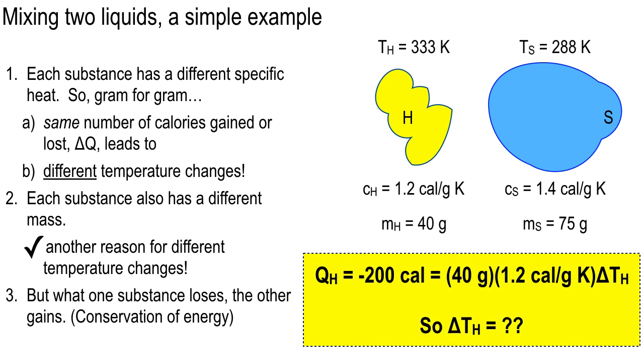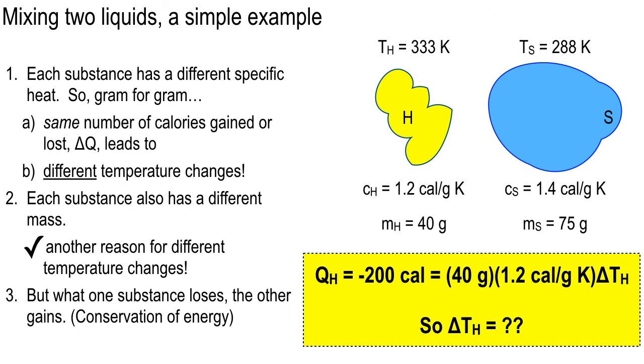So here's a calculation. Let's say that substance H loses 200 calories. Well, that's going to be 40 grams times 1.2 calories per gram Kelvin times whatever delta T is. Now, we don't know what that is, but we can figure it out. And here's the kicker.